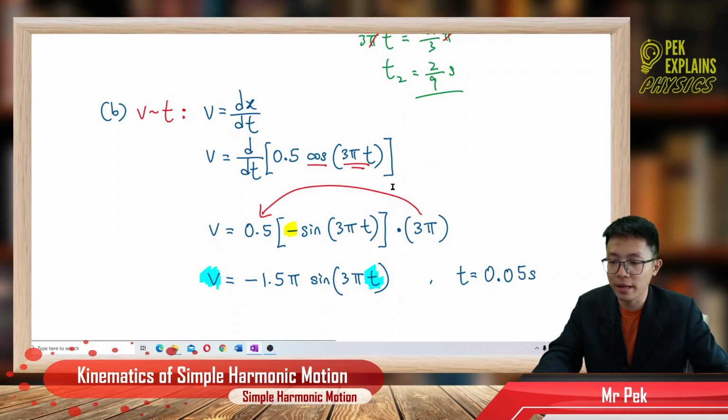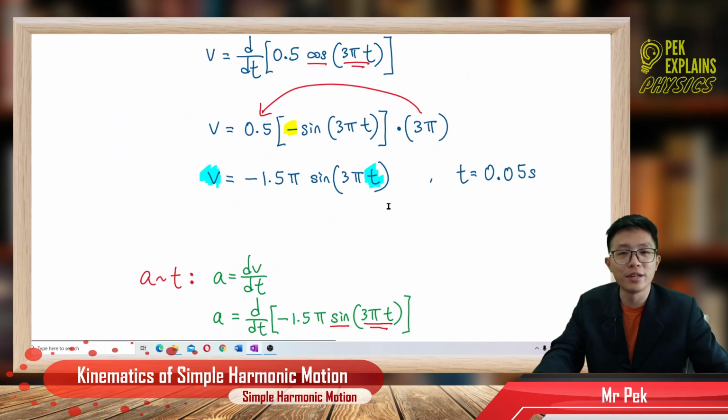The constant 3 pi times t to the power of 1, 1 minus 1 becomes 0, so t is gone, t to the power of 0 is 1. So we differentiate 3 pi t, we get 3 pi. Now 3 pi multiplied to the front, with the negative in front: 3 pi multiplied by 0.5, we get 1.5 pi, and then sine 3 pi t. So we got our velocity-time equation.